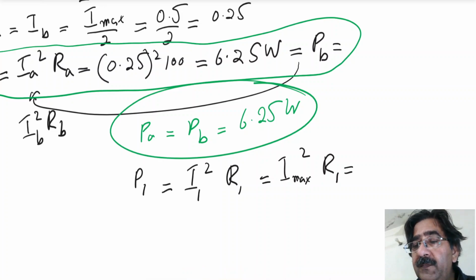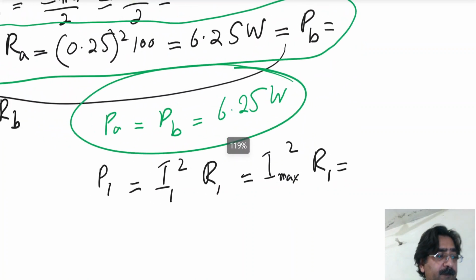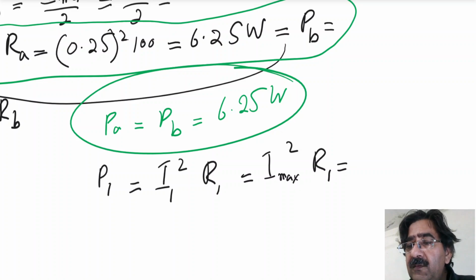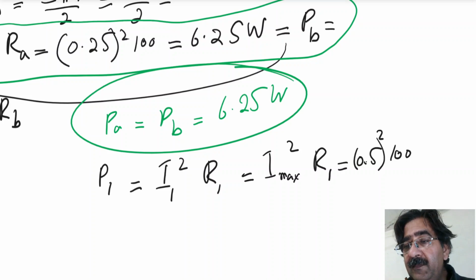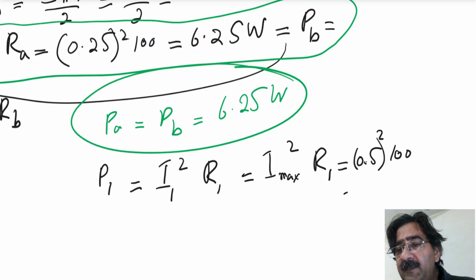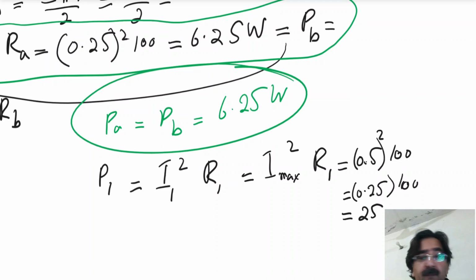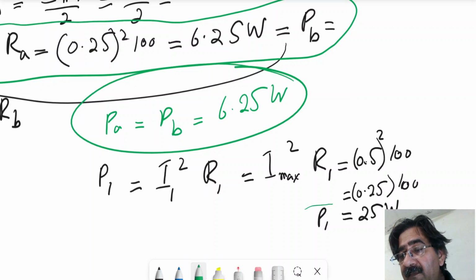The maximum was 0.5, so 0.5 squared, which is 0.25, multiplied by 100 gives 25 watts for P1.